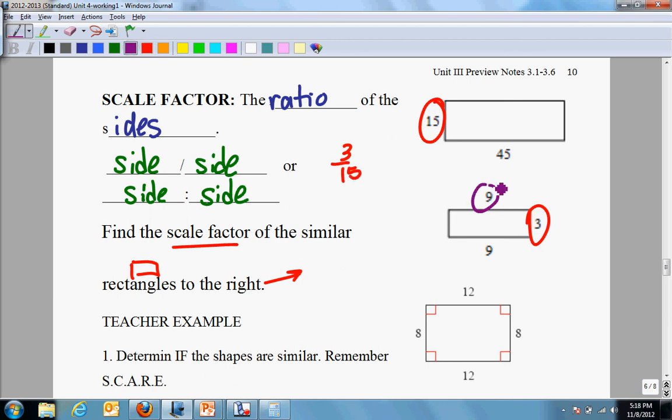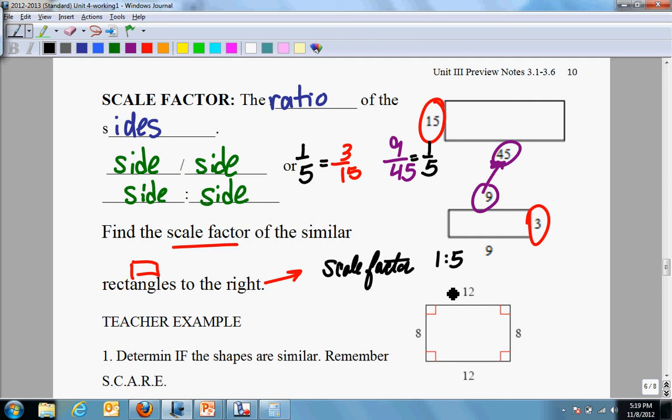And here we're going to go 9 to 45, and we're going to see if both of these should be the same. 3 to 15 reduces to 1 to 5, and this reduces to 1 to 5, so we would say the scale factor here is a 1 to 5 ratio, smaller to larger.